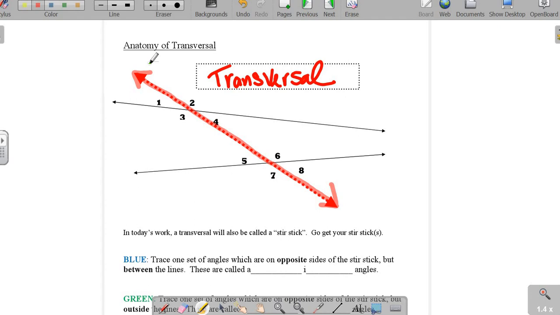When you have a transversal cutting across two or more lines, the angles that are created have certain names, positionally.